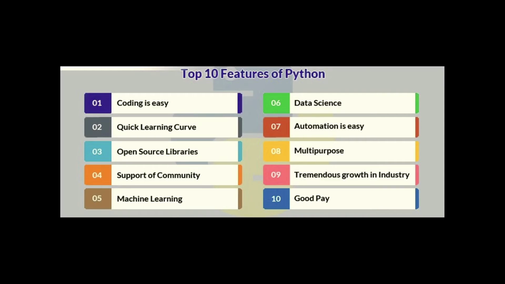If you compare it with any other language, you can see the exponential growth of Python in a few years or a few decades. And of course, if the growth is tremendous, it will give you a good pay. So these are some important things about the features of Python.